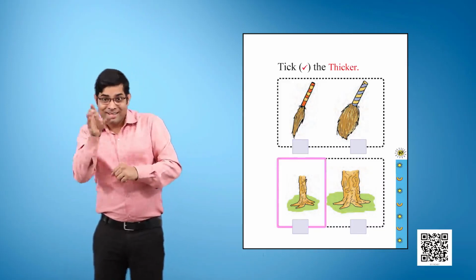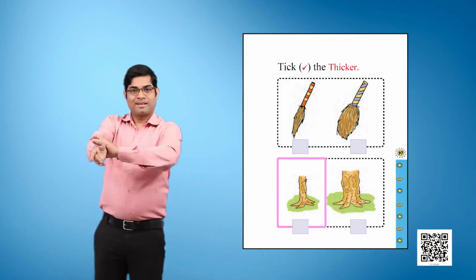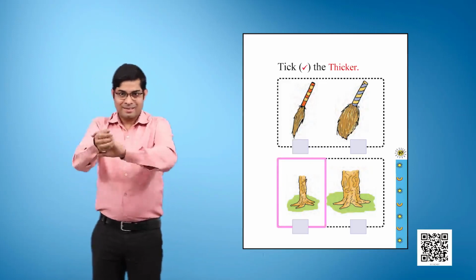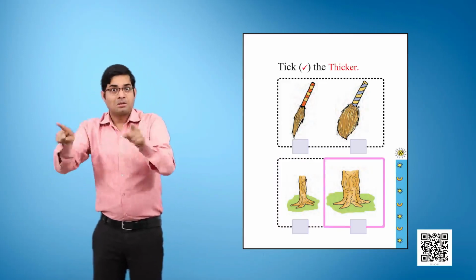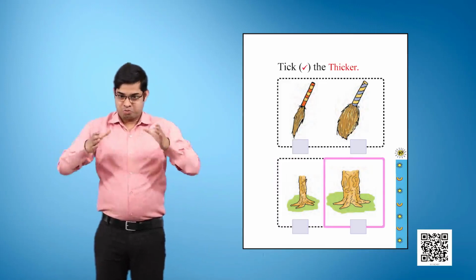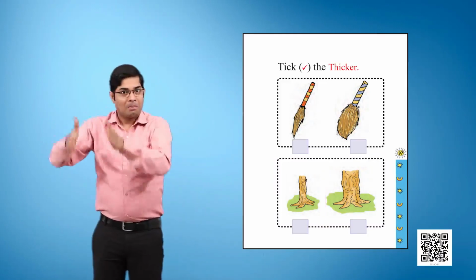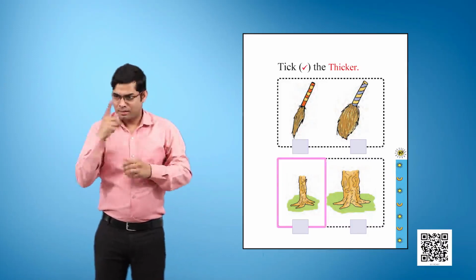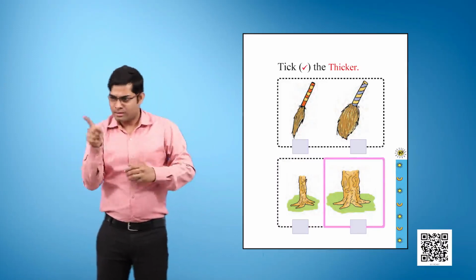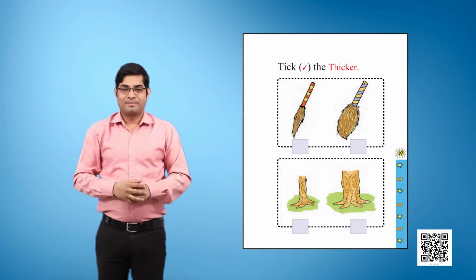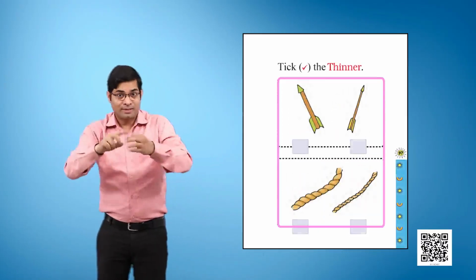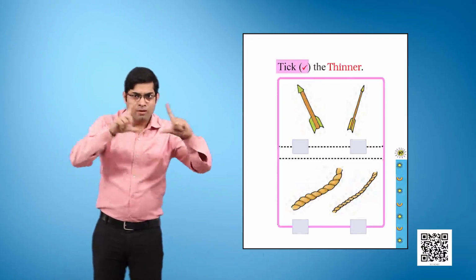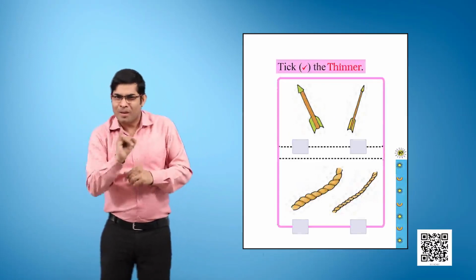Tree trunk 1 is as round as your arm, and tree trunk 2 is as round as your tummy. You have to tell which one is thicker, tree trunk 1 or tree trunk 2. Question 2. Tick and identify the thinner.